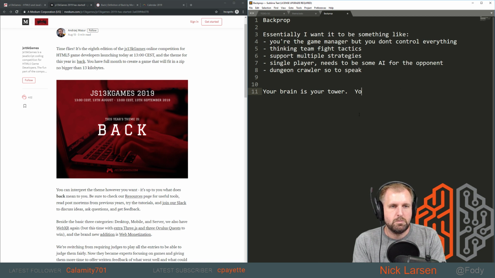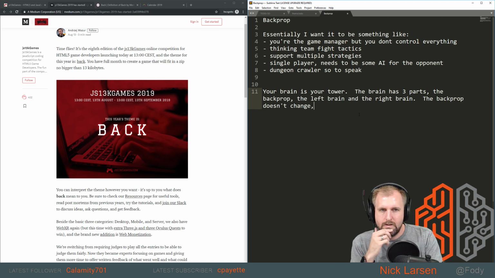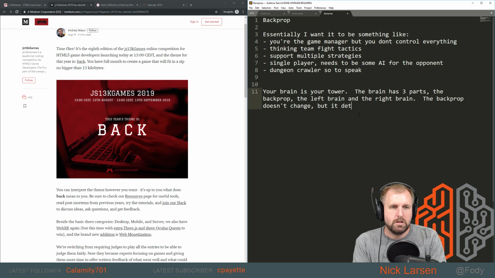All right, the brain has 3 parts: the backprop, the left brain, and the right brain. The backprop doesn't change, but you have to skill it up.